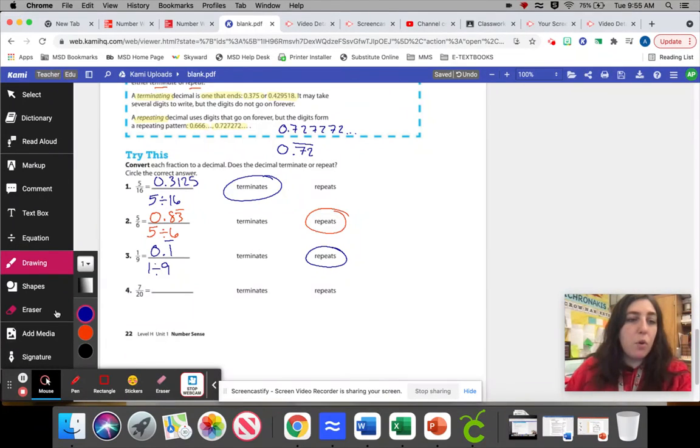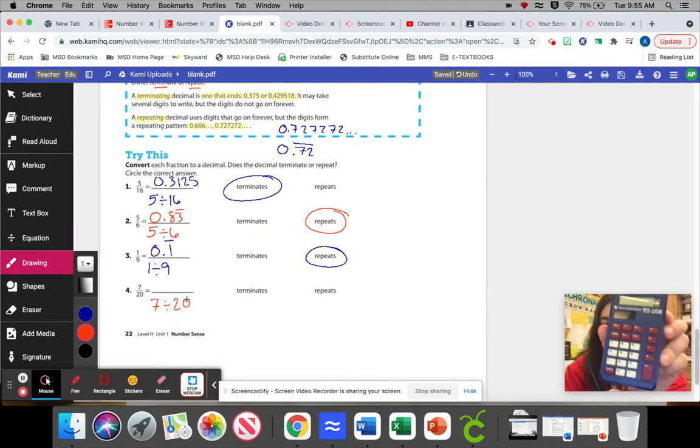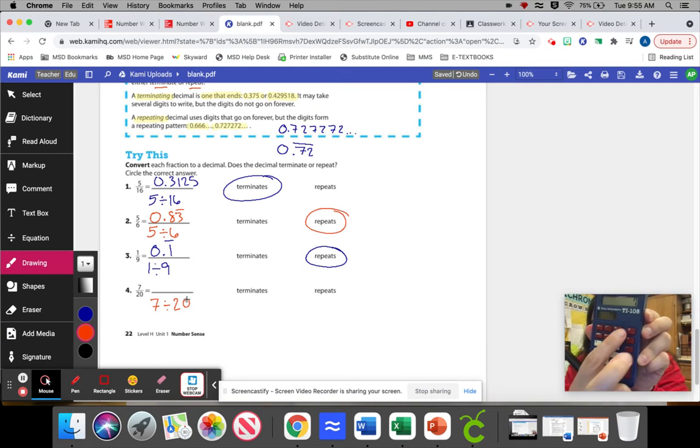Okay, last one, number 4, 7 over 20. So in our calculators, we're going to do 7 divided by 20. Show on my calculator one more time how we can do this. So 7 divided by 20 equals 0.35.